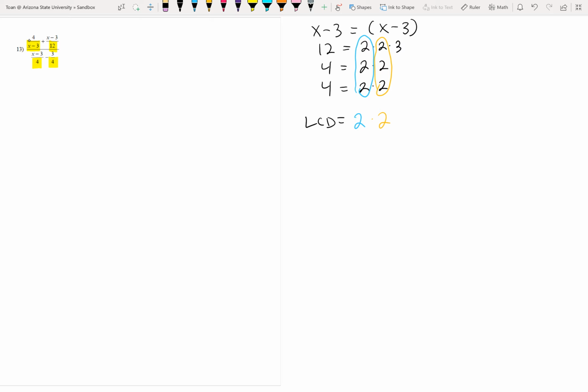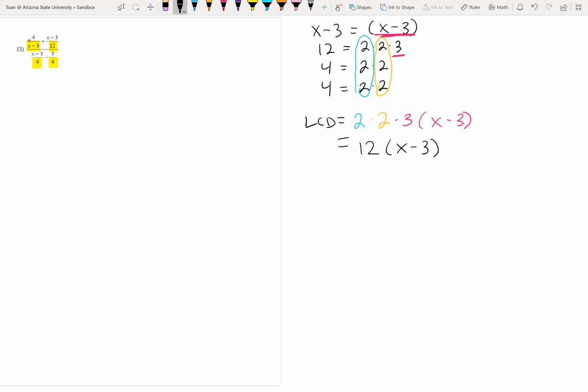So that's all that's in common. So what's left over once you write down everything that's in common are all the factors that are not used. I did not use this 3. I did not use this x minus 3. So the LCD is 2 times 2 times 3, which is 12, times x minus 3.